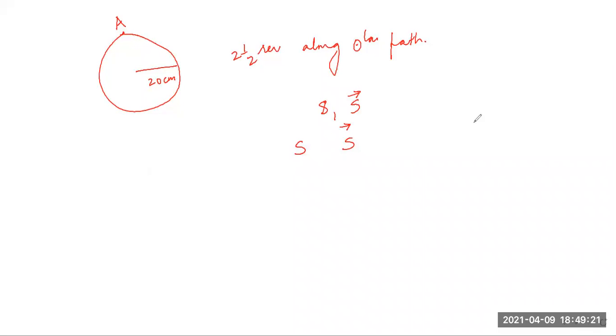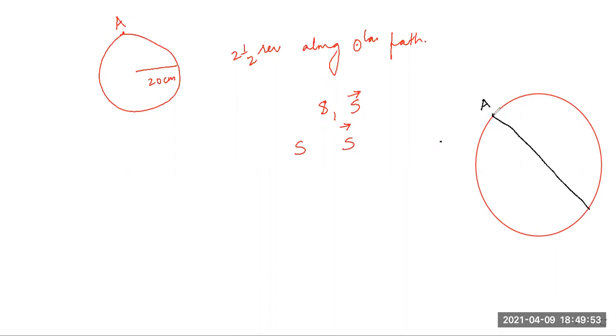Okay, students are not able to do, don't worry. So, students, let us see. This is a circle. The person has traveled along the circular path. Let us say the person has started from point A. After one revolution, he will again come back to A. After two revolutions, he will again come back to A. After half a revolution, where will he be?